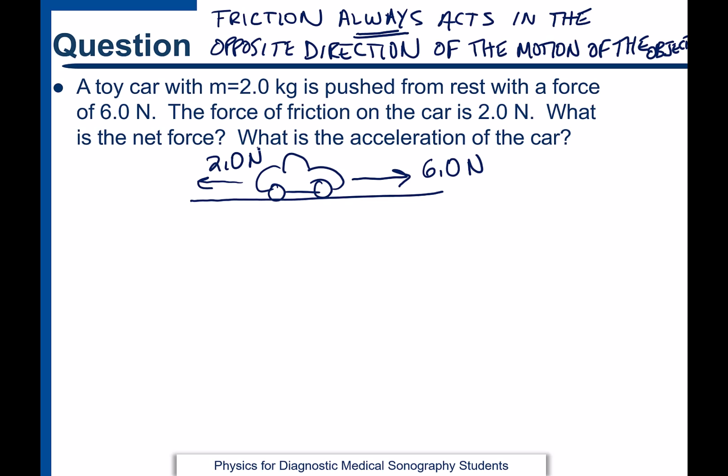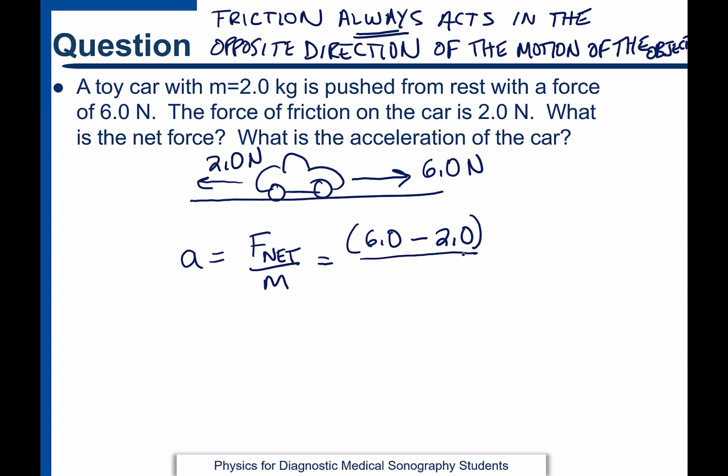And so to figure out the acceleration, again, we're going to use Newton's second law, that the net force over the mass is equal to the acceleration. But now the first thing we have to do is figure out the net force. Well, we've got a force of 6 newtons to the right. We're going to subtract that force of 2 newtons because it's in the opposite direction.